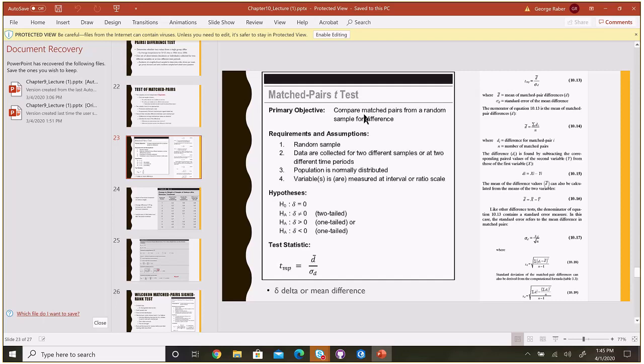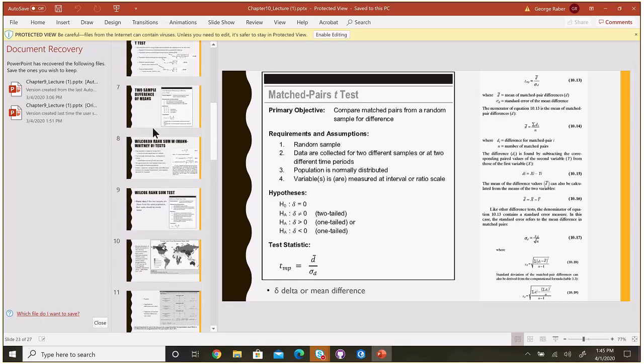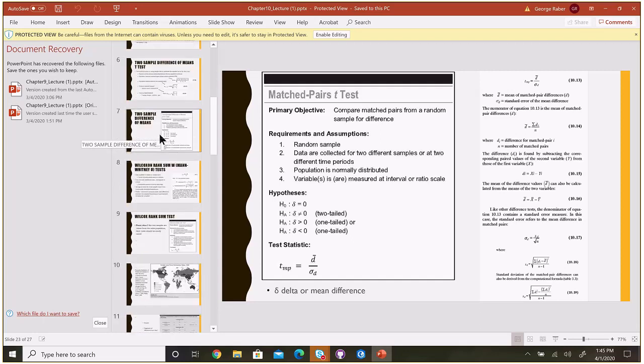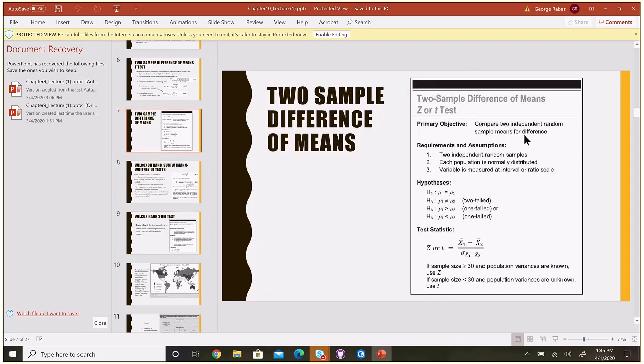It's just that it's either a different time period or a different treatment, but it's still the same. So we've got the dependent, or what's called the matched pairs test, versus the independent difference in means test. So those are two of the tests that we have.